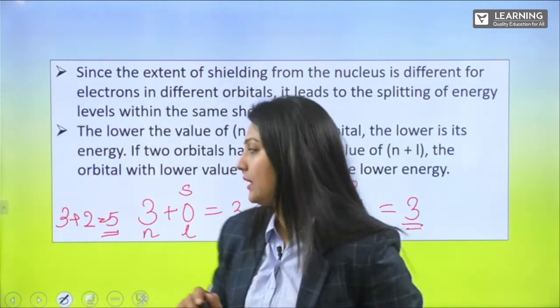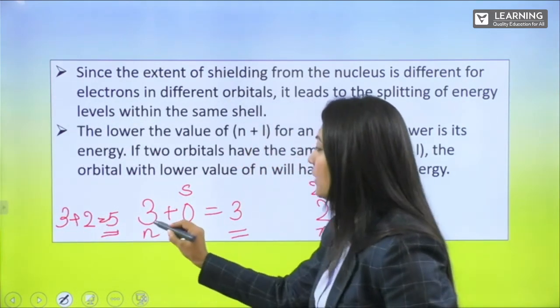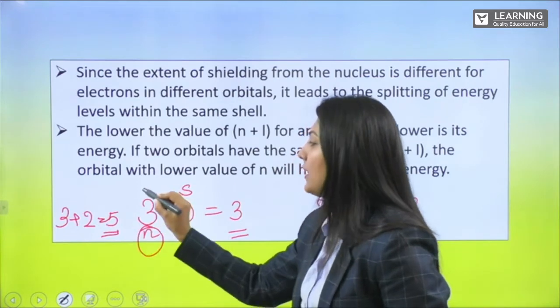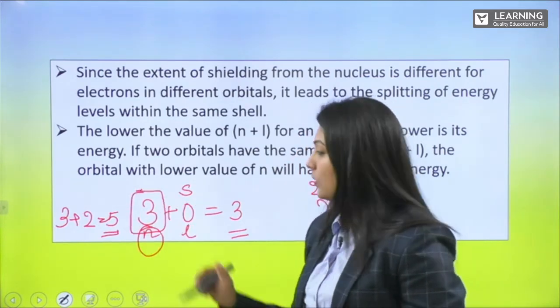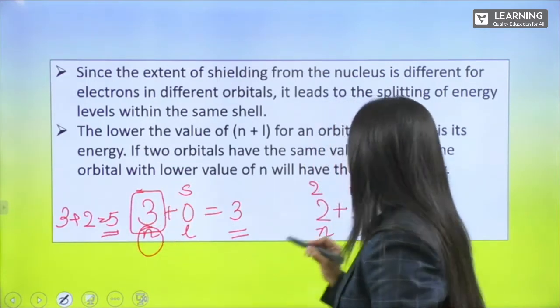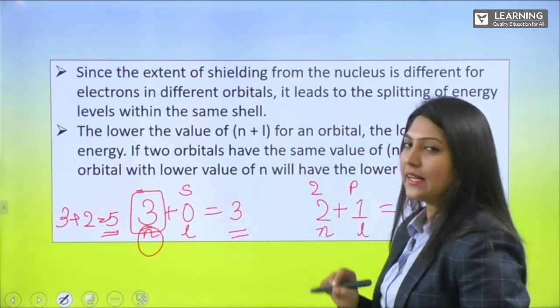For that we use the n value. This n value gives you the principal quantum number 3. So this is in the third orbit, whereas here it is in the second orbit.